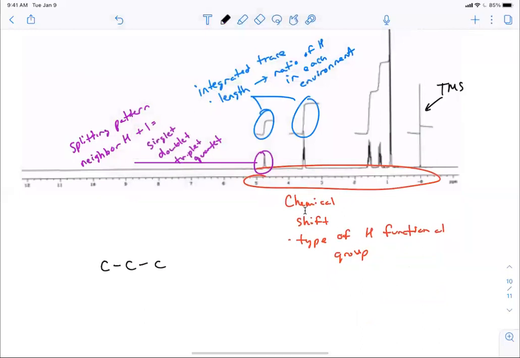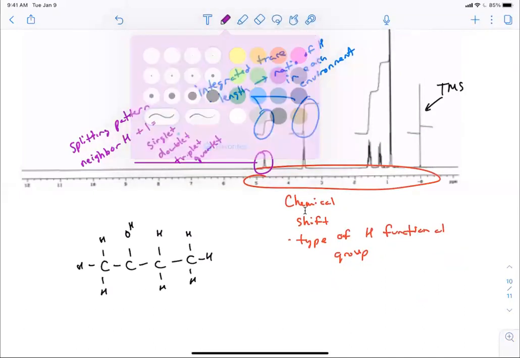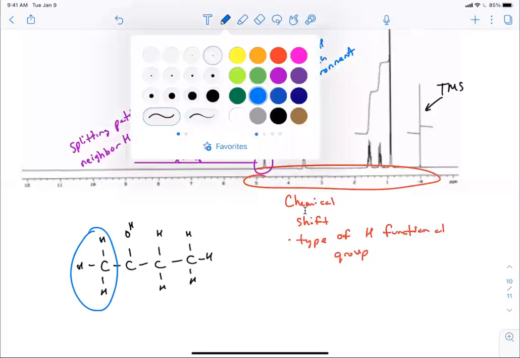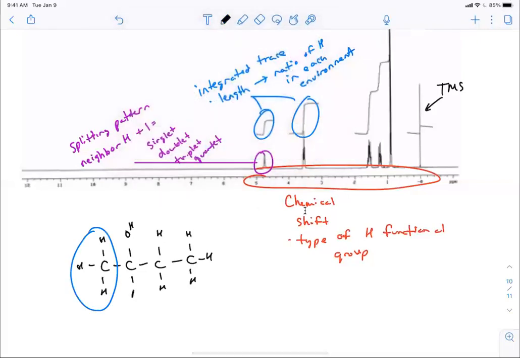And so just to make sure we are on the right page here, because this is asymmetrical, you'll see, oops, sorry, I missed a hydrogen. A lot of different environments here. One environment here.